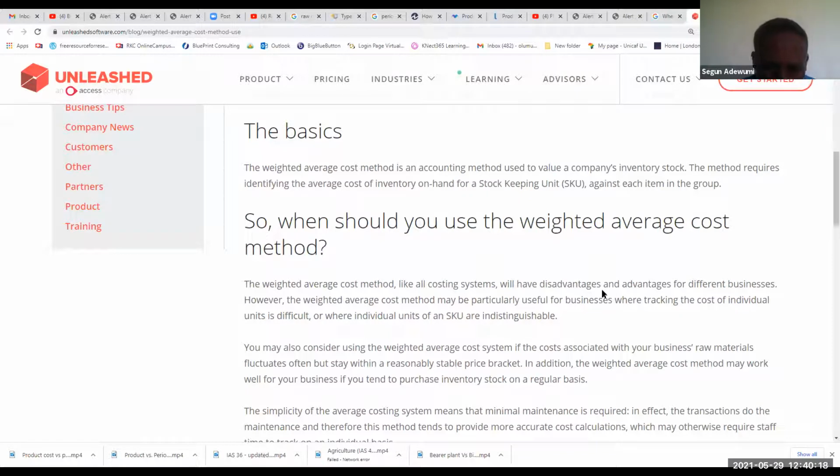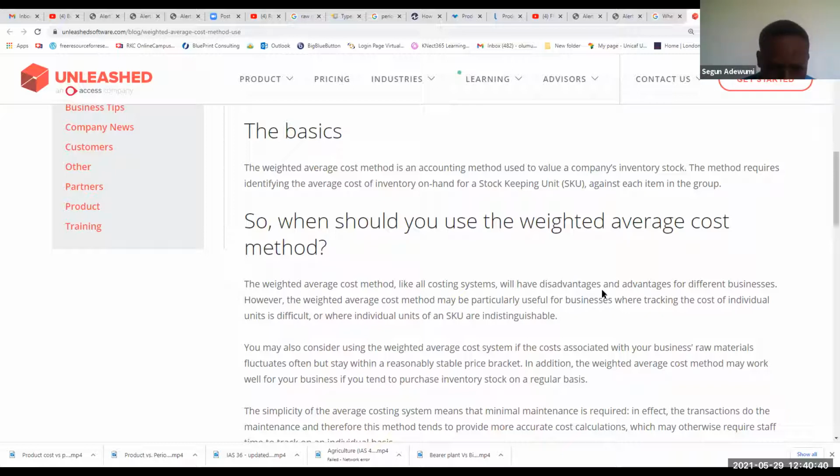The weighted average cost method, like any costing system, will have disadvantages and advantages for different businesses. However, the weighted average cost method may be particularly useful for businesses where tracking the cost of individual units is difficult, or where individual units of an SKU are indistinguishable.